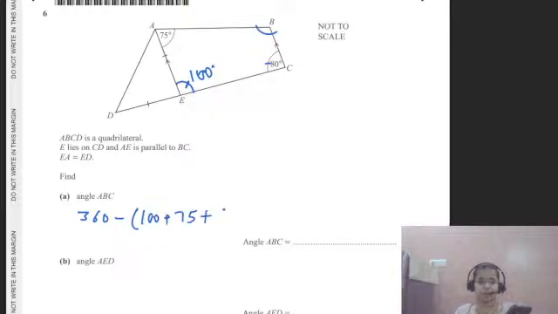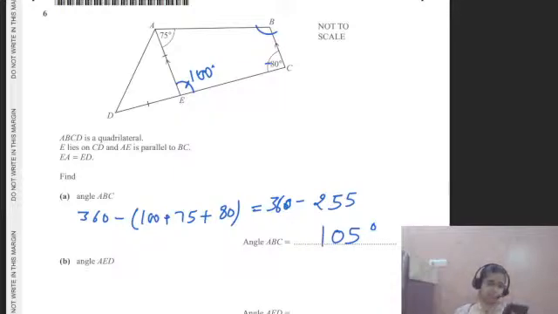So we can subtract the rest of the three angles from it, which will be 360 minus 5 and 8 is 15, 5, 1 carry, 1 plus 1, 2, 255. Now subtracting this, 10 minus 5, 5, and this will be 5 minus 5, 0. This is 105 degrees for the angle ABC.